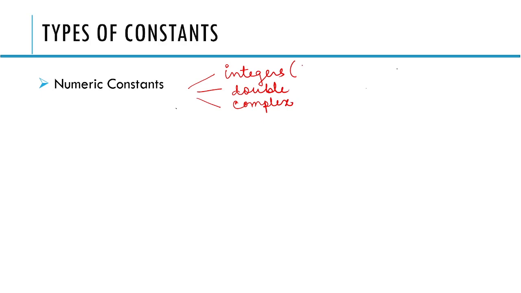Integers means in R you can tell it as 1, 2, 3. They are all integers in the general world, but in R every number has to be associated with an L, capital L, to mark it as an integer. So in R, 1L will be called an integer, 2L will be called an integer, 3L, 35L are known as integers. So they are integers if they are suffixed by an L symbol. What are doubles?